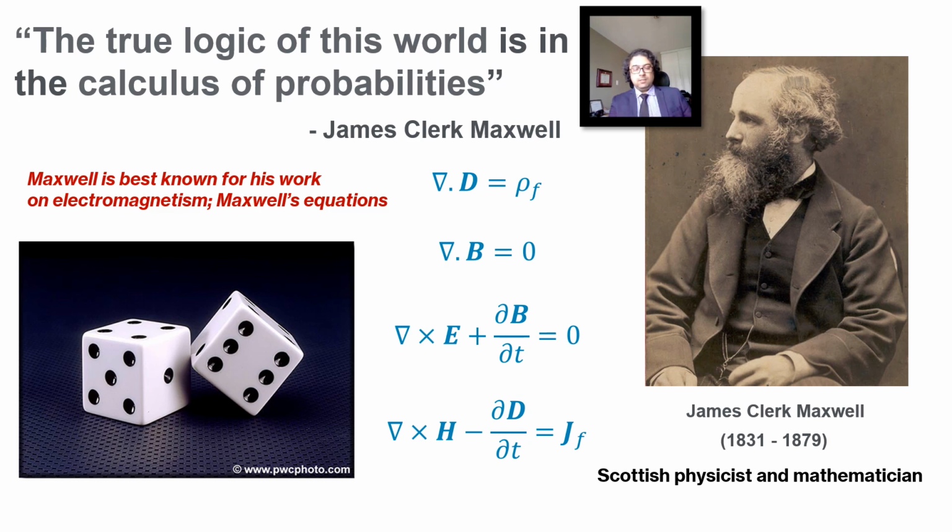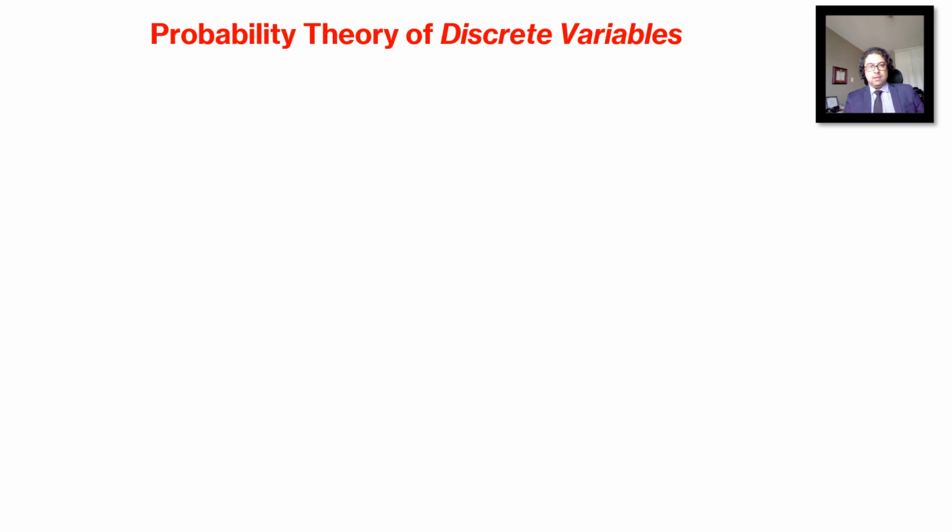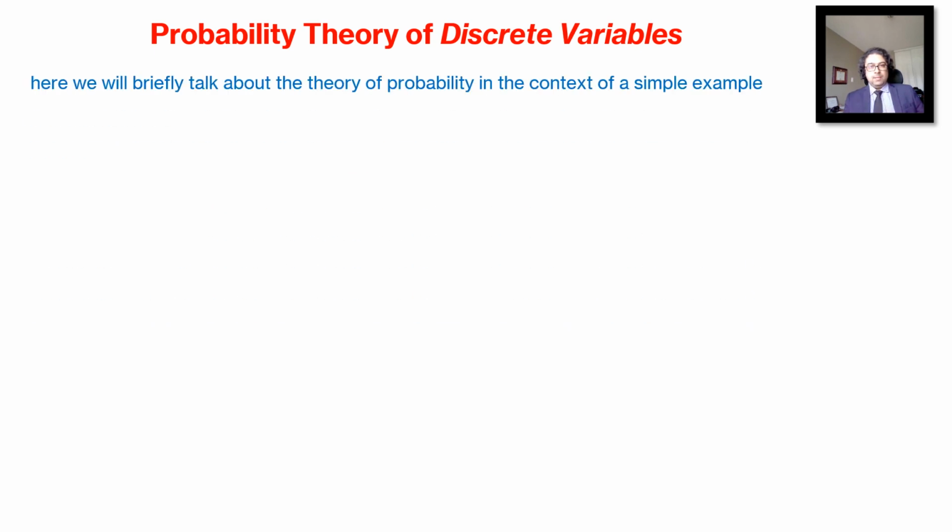I will introduce him later, but the main reference that we are going to use is his textbook on quantum mechanics. Now, we will start the theory of probability by considering, as I said, discrete variables, and I'll do that through a simple example.